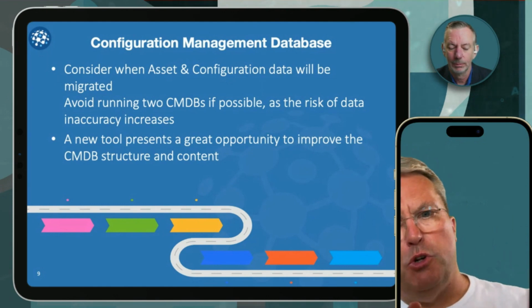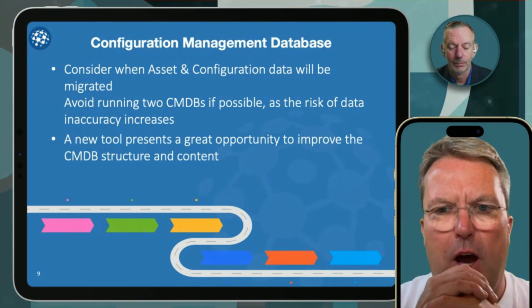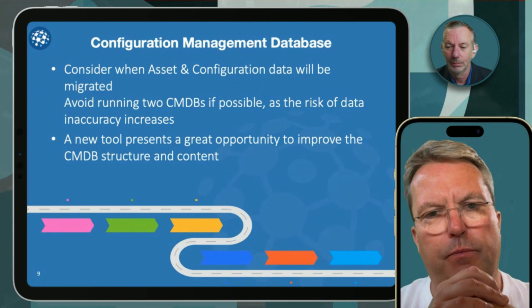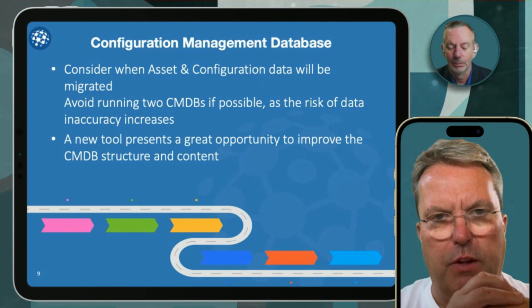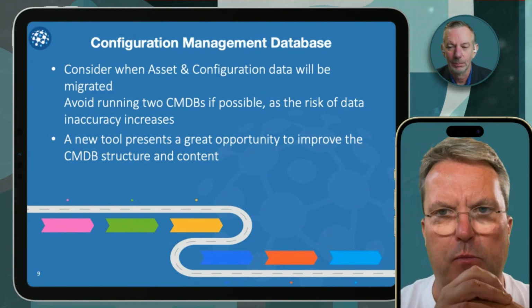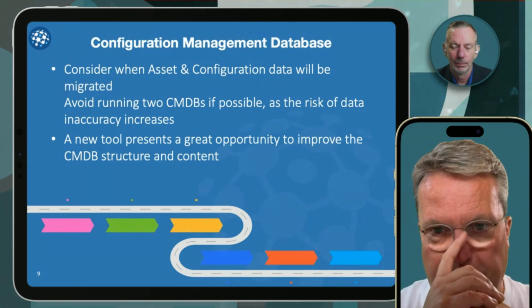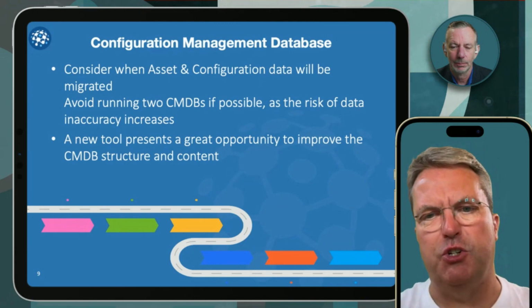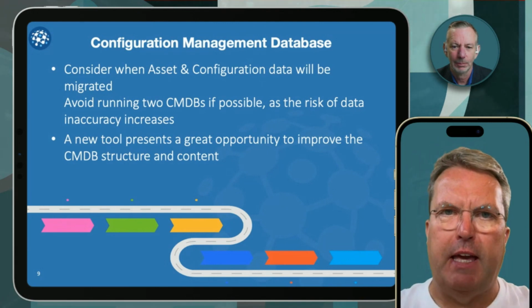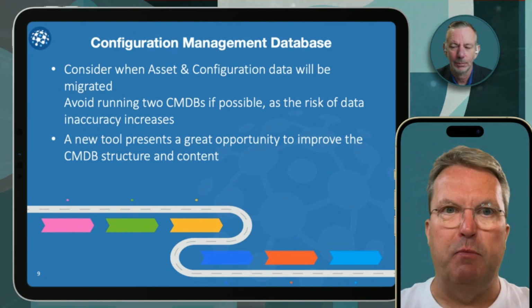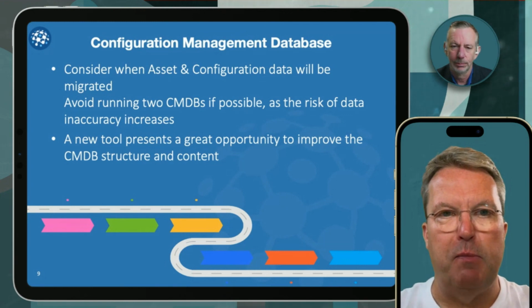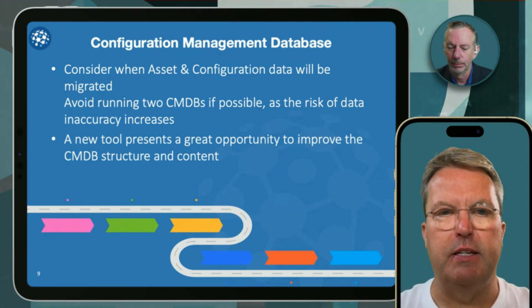You might want to just, during that transitionary period, have a period of time where you're checking the integrity of both and keeping them updated and in line with one another. My strong preference would be, if you're in a transitionary state, only update the new CMDB and leave the old CMDB in the old tool as it is.